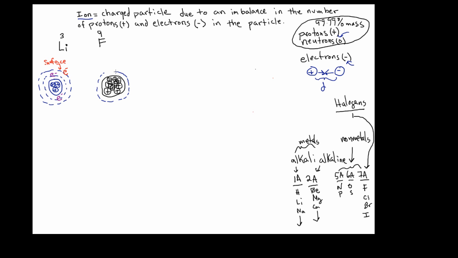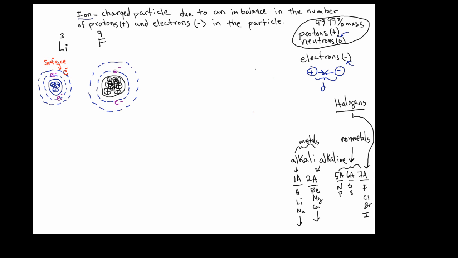Now, on the inner electron shell, like with the lithium, we're going to have a total of 2 electrons. So I'm going to go ahead and put those in like this. All right, and then we're going to have an outer shell for the fluorine, an outer electron cloud that's going to have the remaining electrons. Since we've already used 2 of them up on the inner shell, that means that we're going to need 7 of them in this outer shell out here.